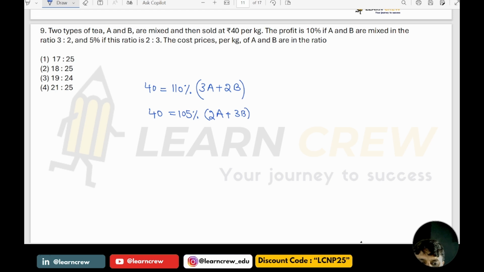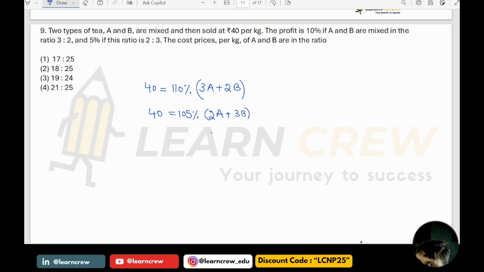Now you have two equations here. 40 is equal to 110% of 3A plus 2B. So solving these two, what are we going to get? The cost price per kg of A and B are in the ratio.